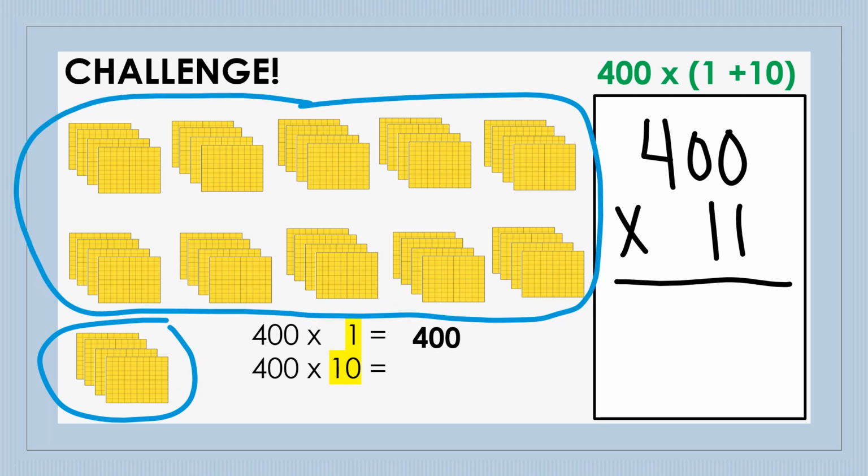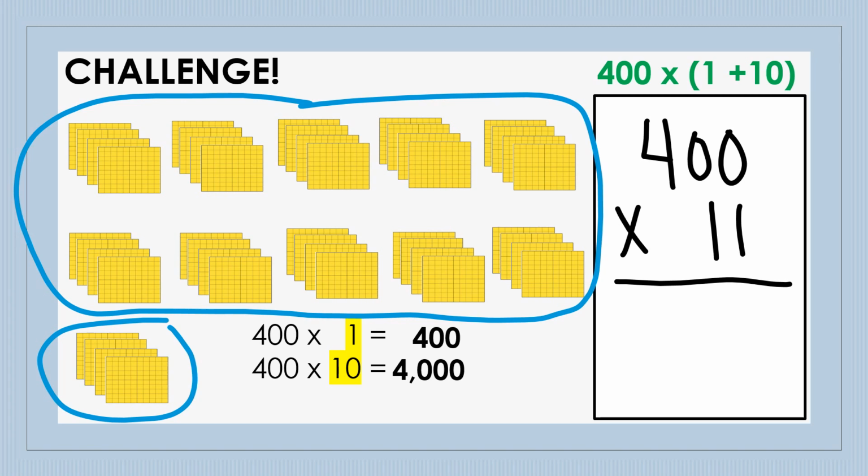So here's our 10 groups of 400. So literally we have 10 groups of 400s. 4, 8, 12, 16, 20, 24, 28, 32, 36. We have 40 hundreds here.